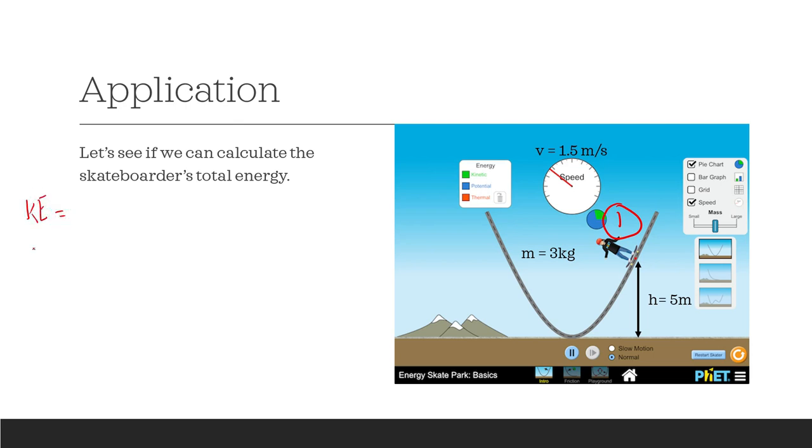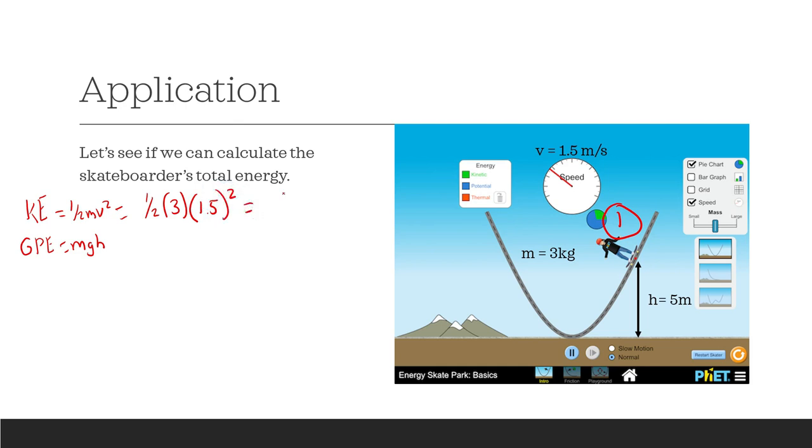And since he's still not on the ground, he has a gravitational potential energy. For KE, we know that that is 1/2 mv squared. For gravitational potential, we know that's mgh.